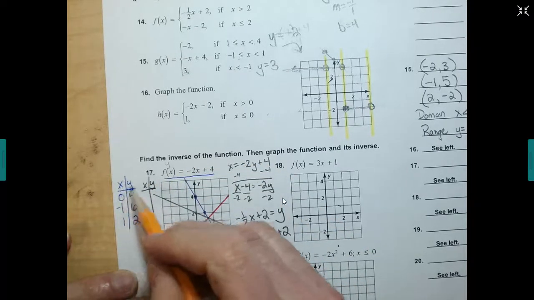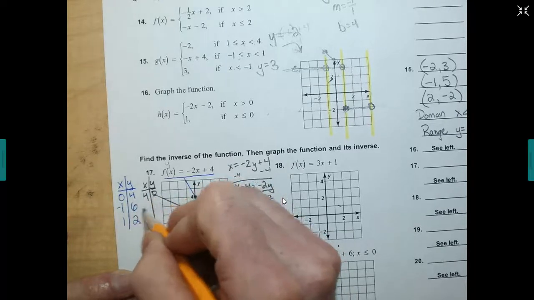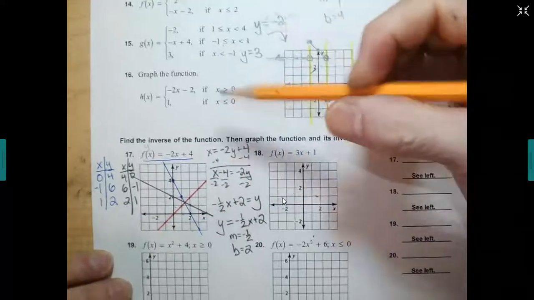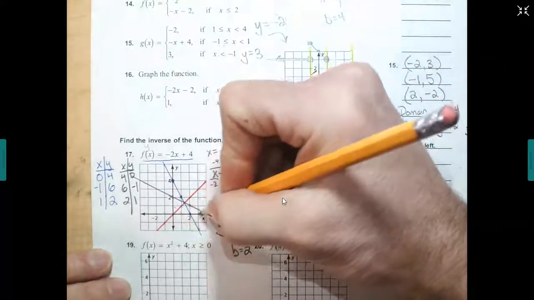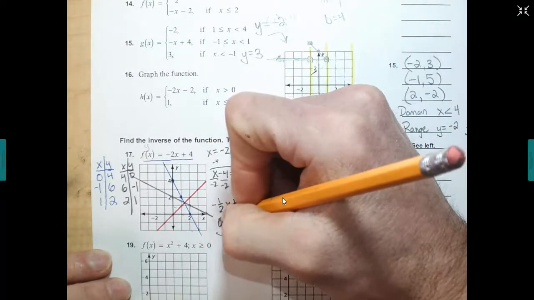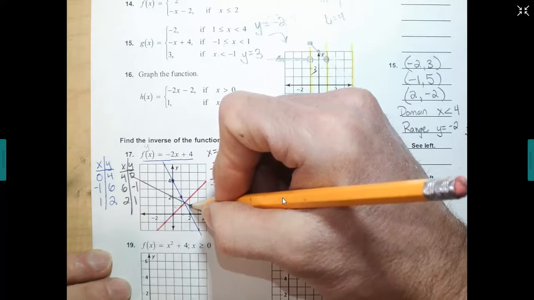My x's become my y's and my y's become my x's. So now I have 4, 0. I have 6, negative 1, which is off the chart. And then I have 2, 1. Perfect.